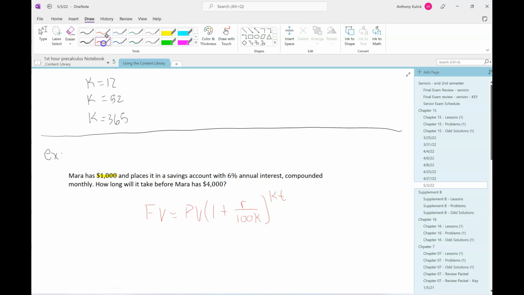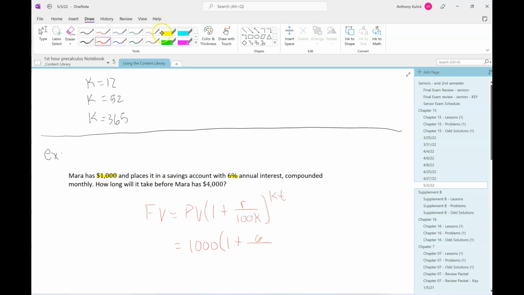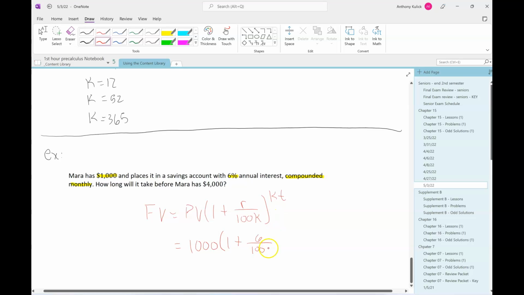Where does the 1,000 go? That's the present value. Very good. And then 6% is my R. And compounded monthly tells me the K is 12. Very good.